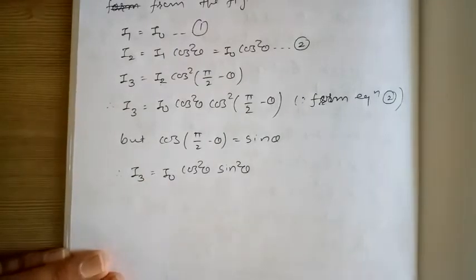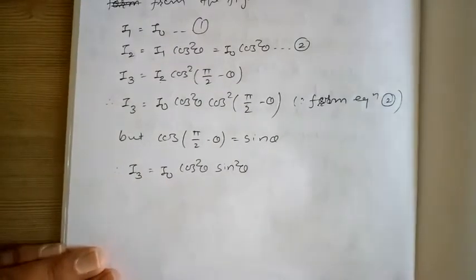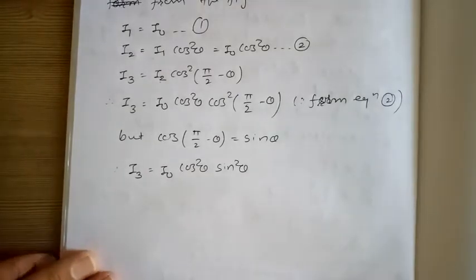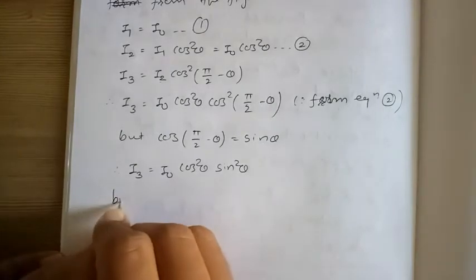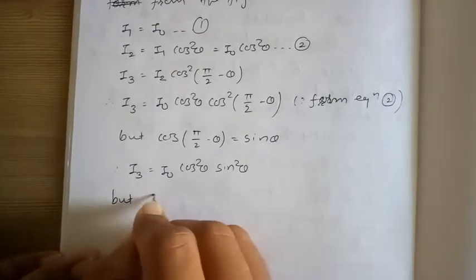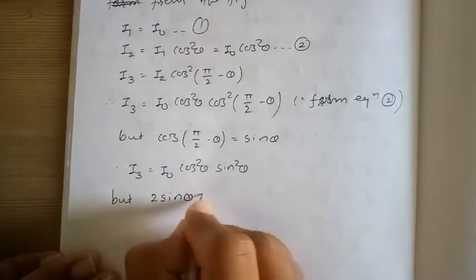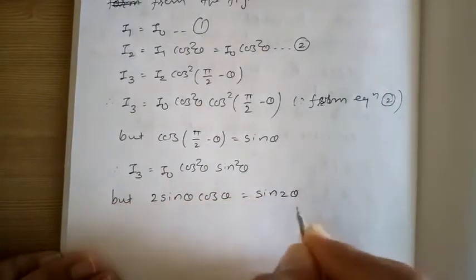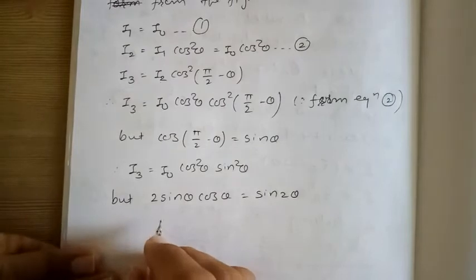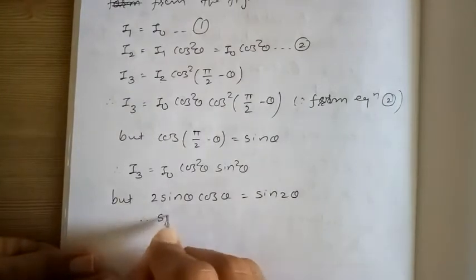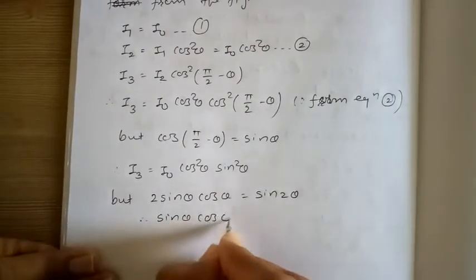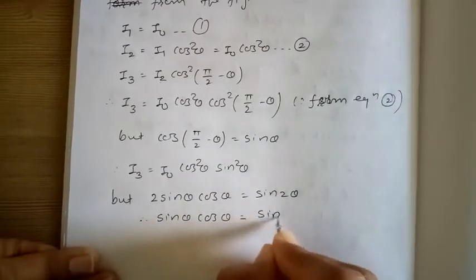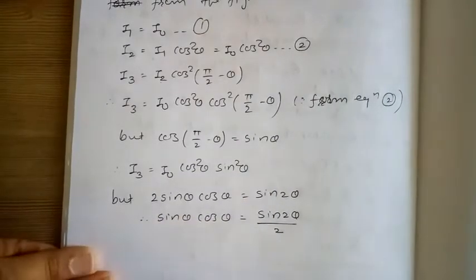But in standard 10 trigonometry, you know that 2 sin theta cos theta is equal to sin 2 theta, right? So we can say that sin theta cos theta is equal to sin 2 theta by 2, right?